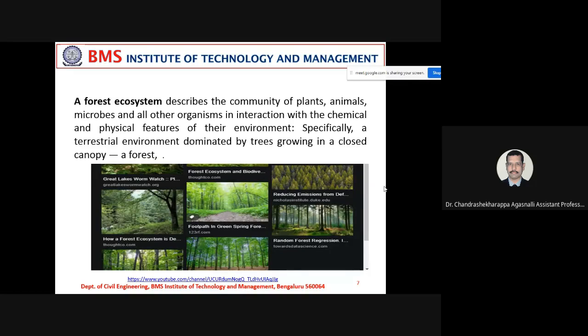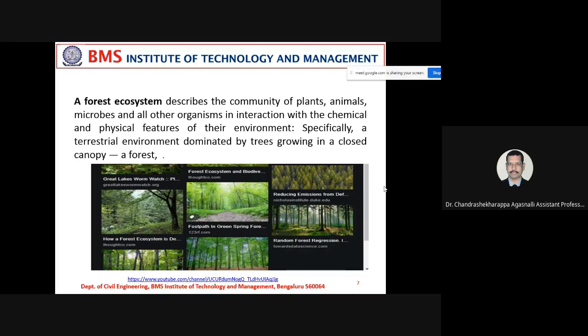It describes the community of plants, meaning different types of plants, and animals, microbes, and all other organisms in interaction with the chemical and physical features of the environment. Of course, even we ourselves are interacting with the environment. So this is how plants, animals, microbes, and all other organisms interact chemically and physically with the environment.